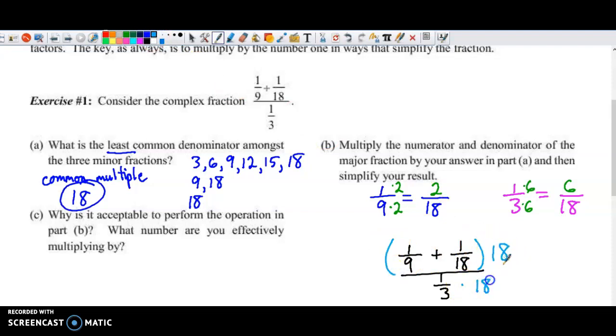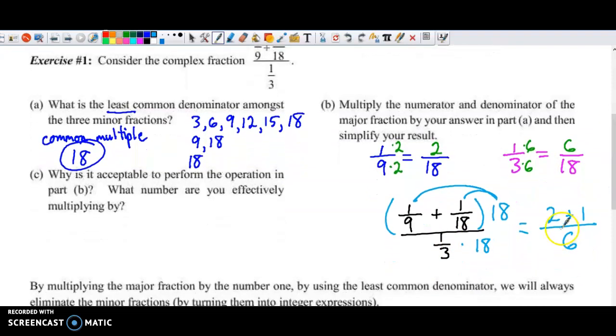And the reason why this works is if you distribute that 18 to each piece, well, 18 divided by 9 would be 2, 18 divided by 18 would be 1, and 18 divided by 3 would be 6. And now the problem becomes a little bit easier to work with because 2 plus 1 is 3. I'll just write it over here. 6, which equals 1/2.